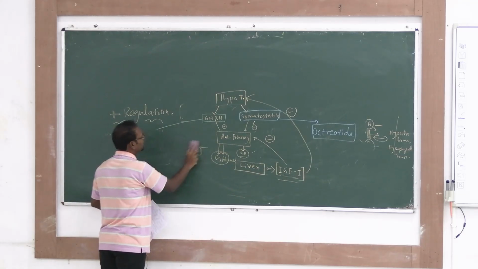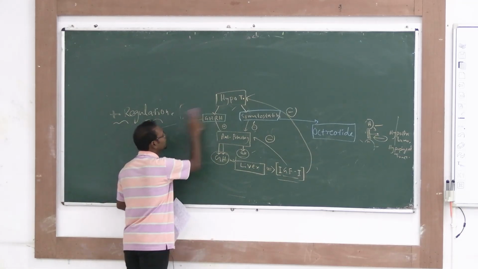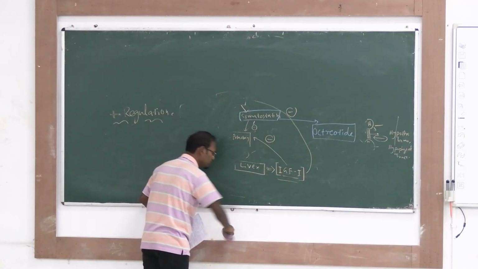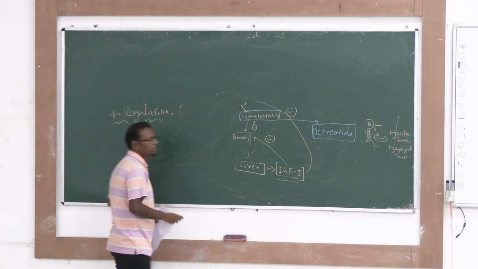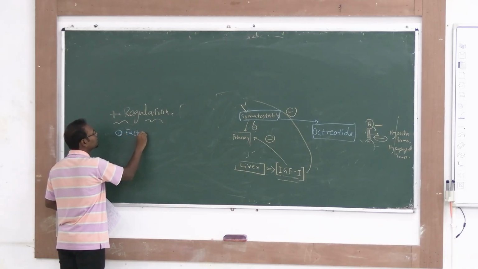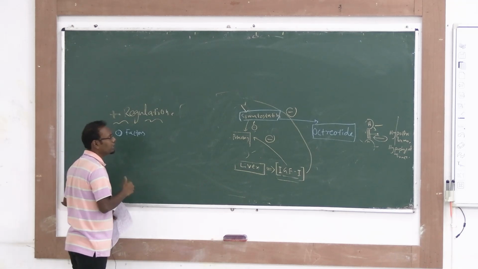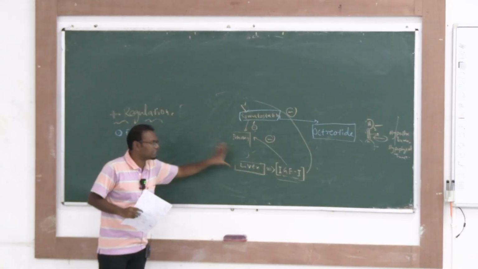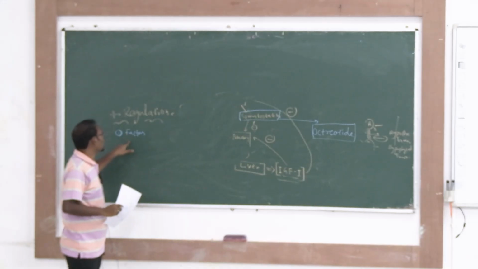So now write factors increasing your growth hormone release. Which are the factors that increase growth hormone release? Next point. This comes under regulation as well, okay? That is the structural regulation, okay? They are regulated by the structures, and there are specific factors.